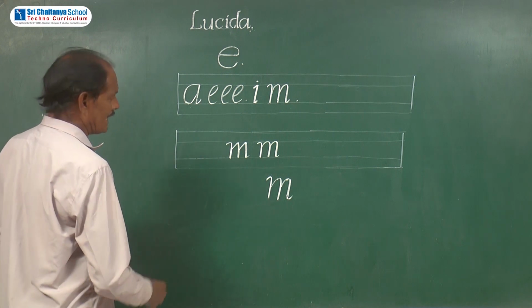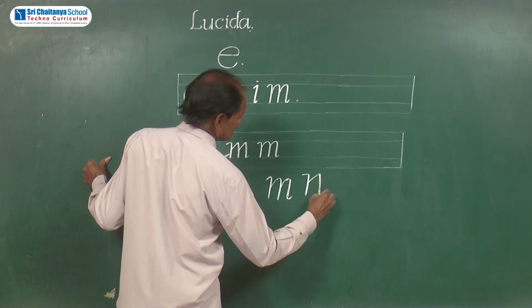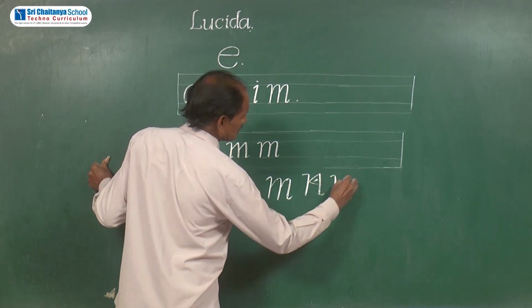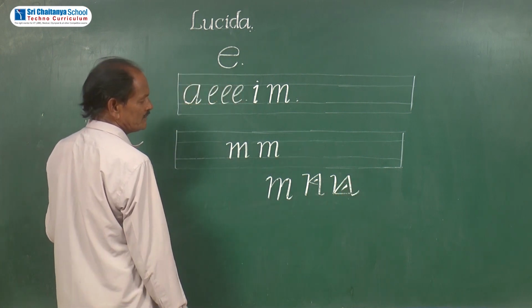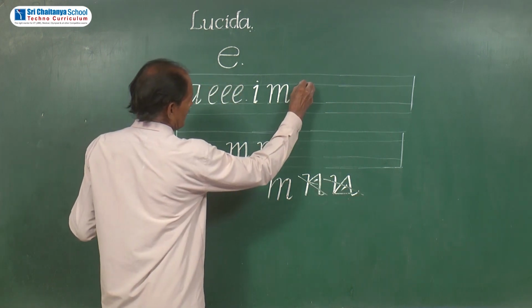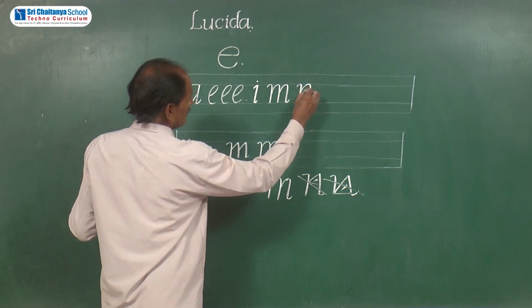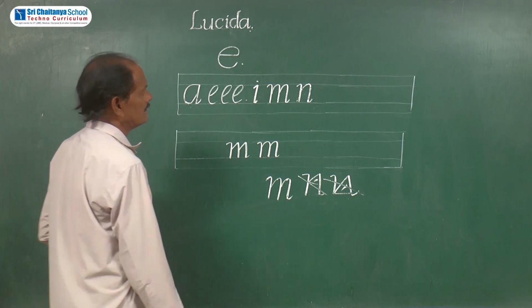And n also, in the similar way, somebody writes by making an angle at the top, and somebody writes like this by making an angle at the top here. These are all the wrong ways of writing m and n. Just we have to write like this. We have to make a small hemisphere at the top, n.